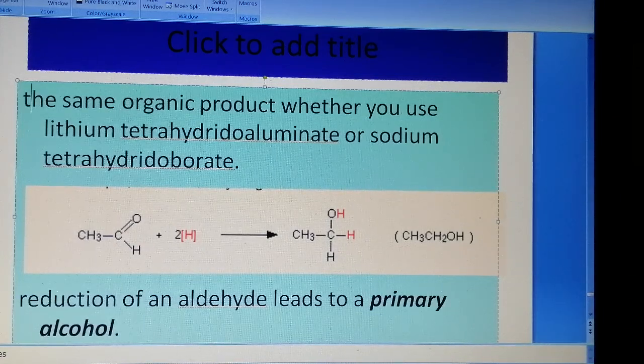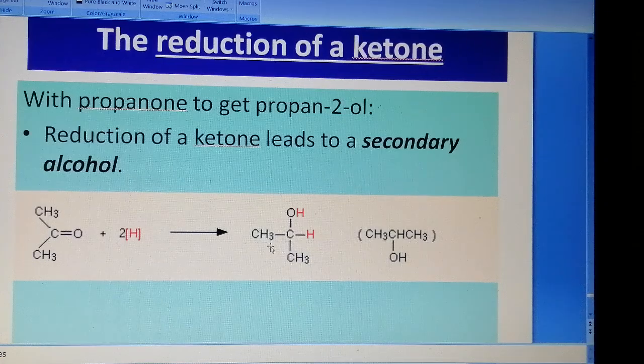So if you use sodium tetrahydroborate or lithium tetrahydroaluminate, if it is an aldehyde, you will get the primary alcohol. And if it is a ketone, you will get a secondary alcohol.